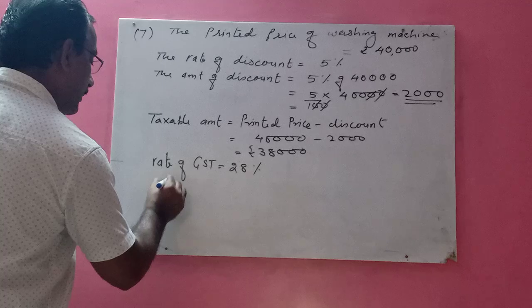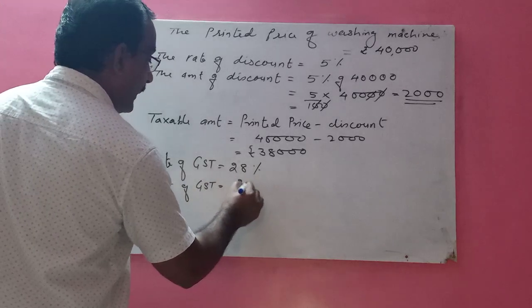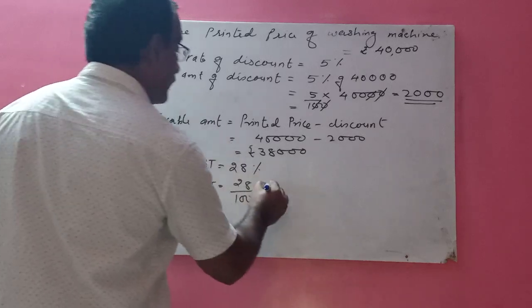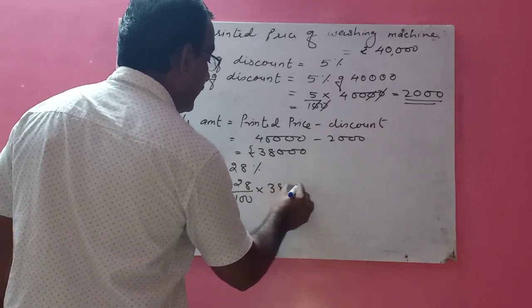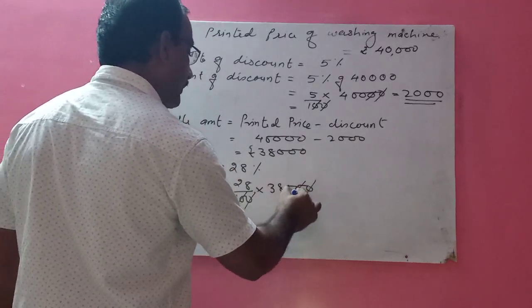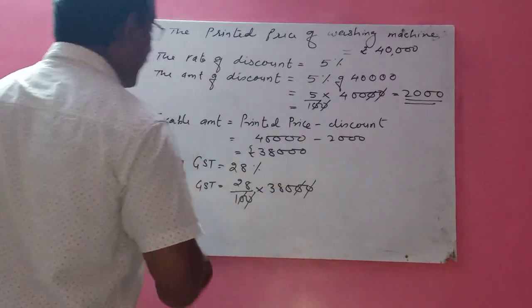Amount of GST is equal to 28 upon 100 into 38,000. So these two zeros get cancelled. You should multiply 380 with 28.